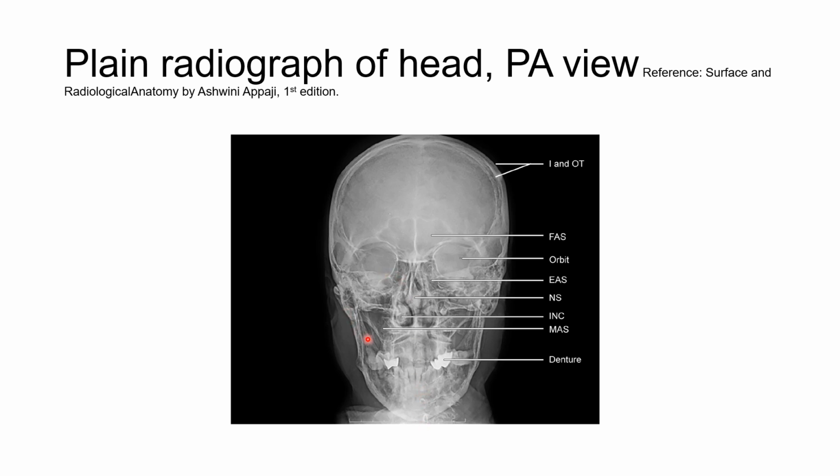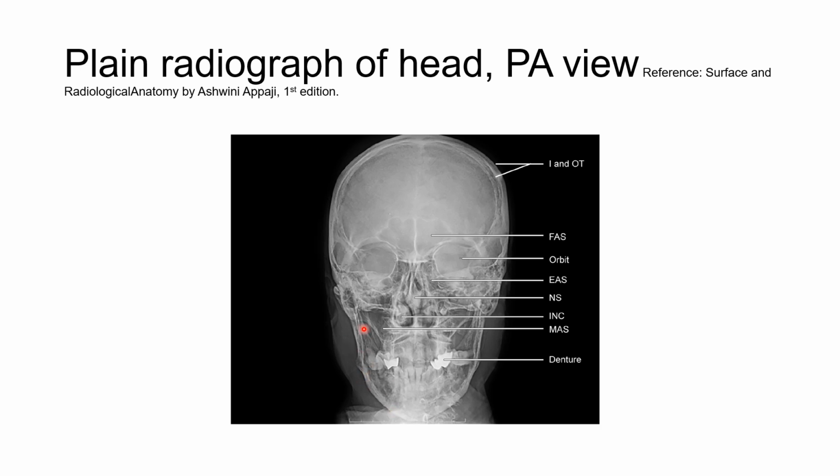And what will give these gray shadows? You can see these gray shadows here on the sides. The gray shadows are due to soft tissues, meaning muscles, tendons, ligaments, vessels, and nerves. So we cannot differentiate them. For example, can you tell the sternocleidomastoid from the masseter muscle?